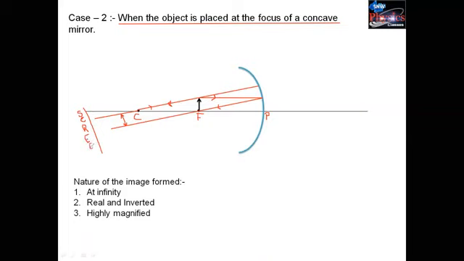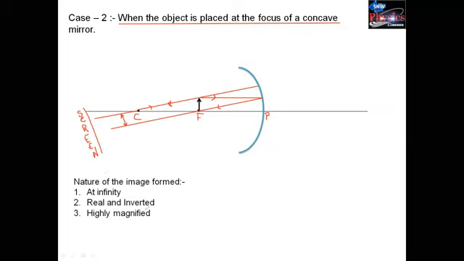In this second case, we have to put one screen here, just like projector. प्रोजेक्टर में हम लोग स्क्रीन रखते हैं, जो रिफ्लेक्टेड लाइट है उसके इमेज के फॉर्मेशन के लिए हम लोग स्क्रीन रखते हैं, ओके. So in this case when object is placed on principal focus, ऑब्जेक्ट को हम लोगों ने प्रिंसिपल फोकस पे रखा है, उस केस में we have to put one screen here for the image formation, okay.